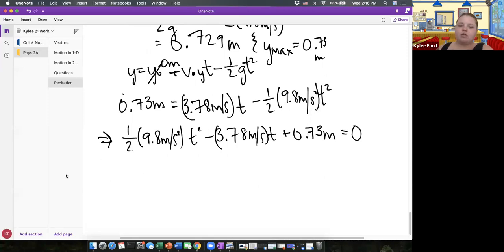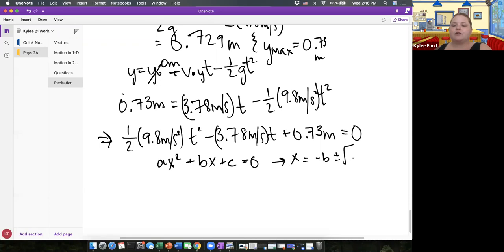Okay. So we're going to compare this to our ax squared plus bx plus c equals 0. And remember how to solve this is x equals negative b plus or minus the square root of b squared minus 4ac, all over 2 times a.